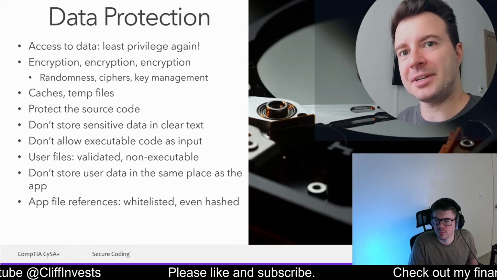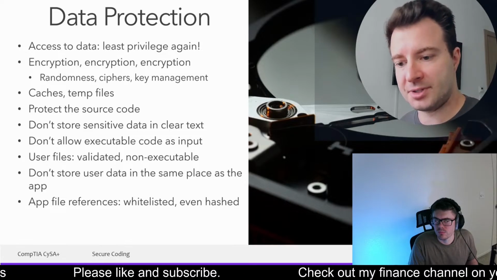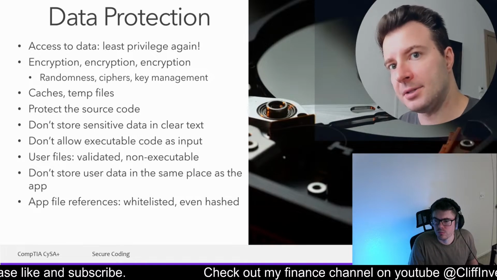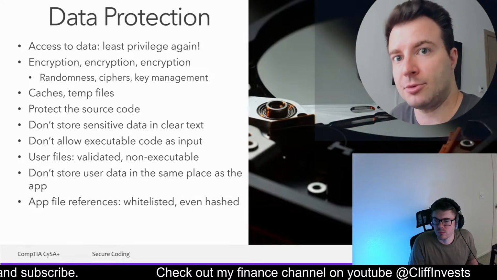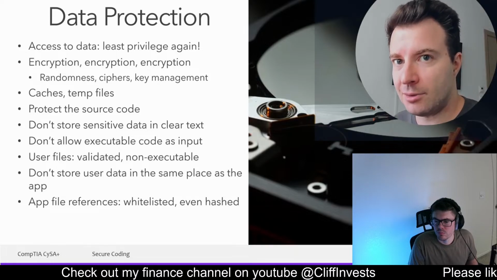Also, on the data protection part, think about the data that the application has to access. So for example, the application might need to load some external libraries, some external files, and use them in its day-to-day operations. Ideally, these references should be hard-coded and thoroughly checked.